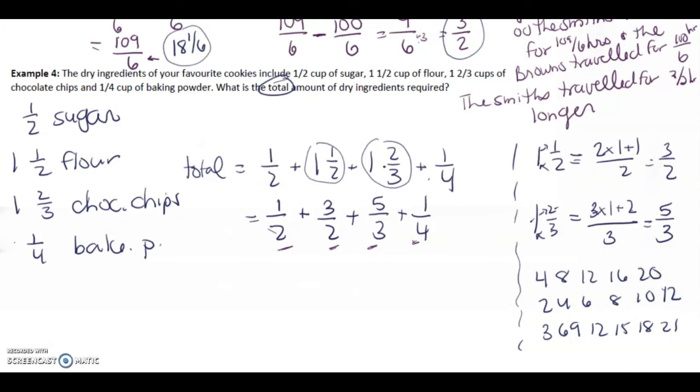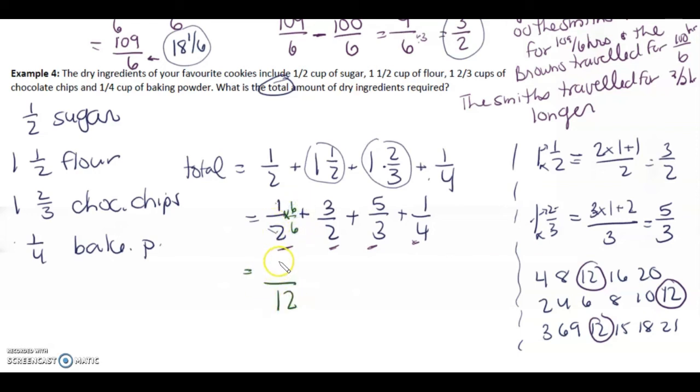Okay, so our lowest common denominator is going to be 12. So we have to go back to this equation and we have to multiply every single term so that the denominator is 12. So 1/2 is going to be multiplied by 6 over 6 because 2 times 6 is going to give us that denominator 12.